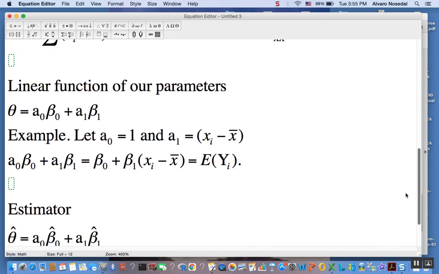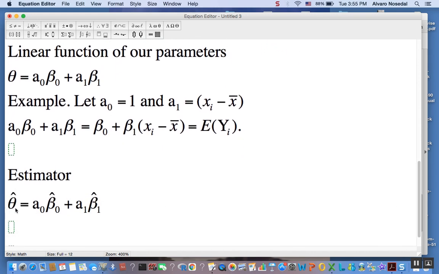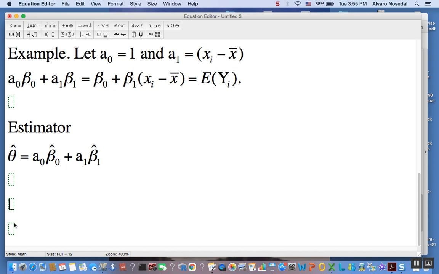So it turns out that theta hat will also be a linear combination of normals. Therefore, the distribution of theta hat will also be normal. And we know that normal distributions need two parameters to be fully specified: the mean and the variance. Okay, so let's find the expected value of theta hat.